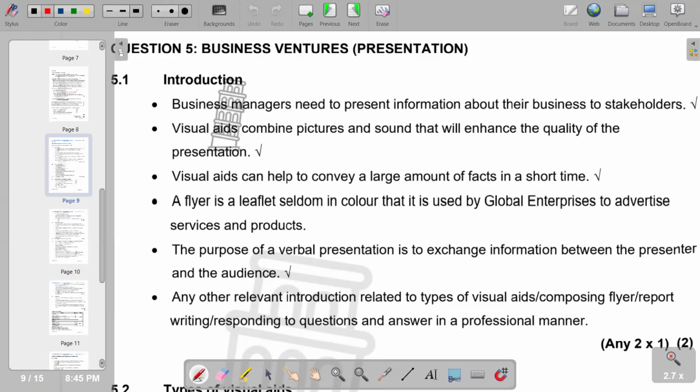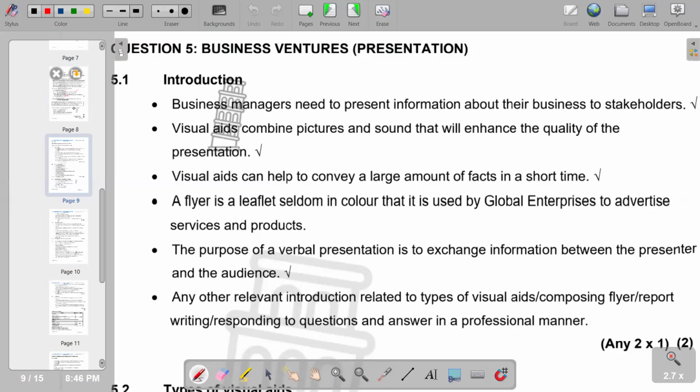Remember, there are many ways that you can come up with an introduction. You can define any key term that you see in the question, or you can show an appreciation of any key term in the question. For example, in this case, we have visual aids, so the importance of visual aids is what we are showing in the introduction. So this is a typical introduction.